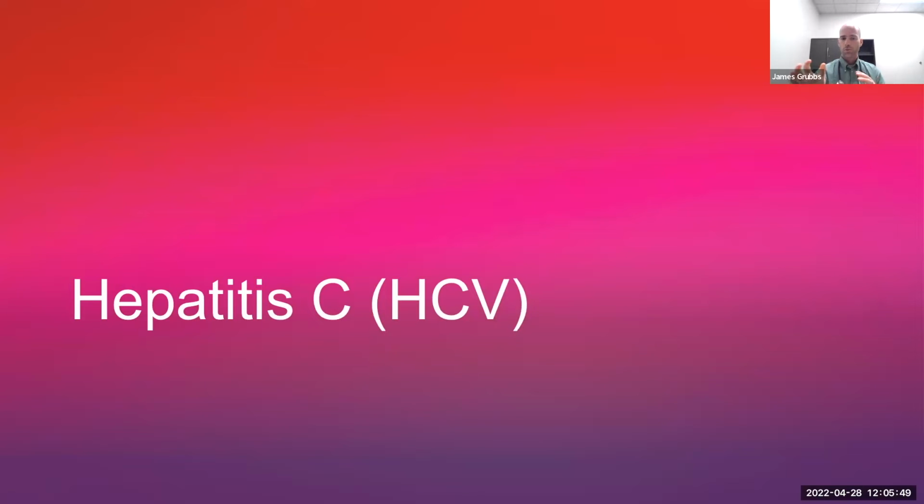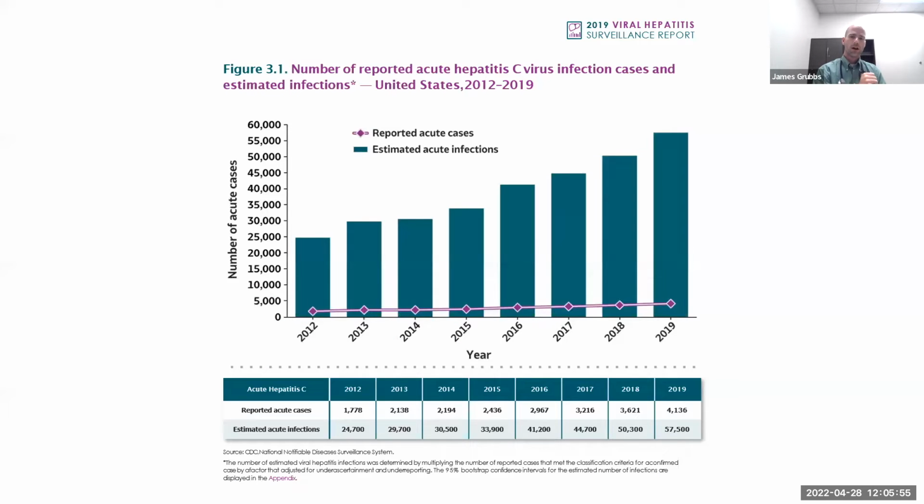Now, speaking more towards hepatitis C and its relations with substance use disorder and treatment. This is data, again, from the CDC surveillance looking at acute hepatitis C. Again, we mentioned that most people who become infected with hepatitis C don't have an acute hepatitis. They tend not to have much of any symptoms, or if they do, the symptoms aren't bad enough to make them present to care.